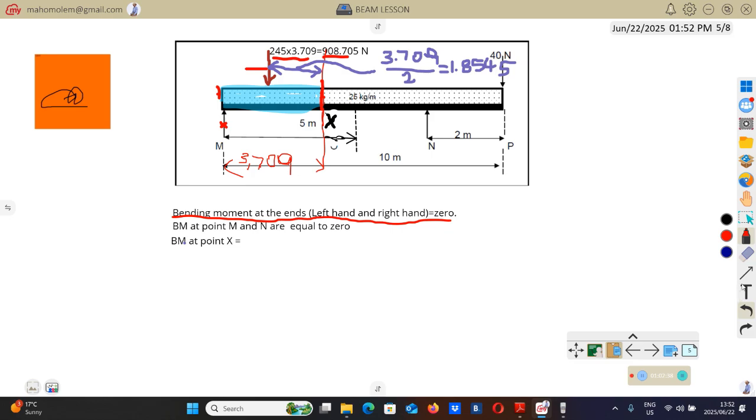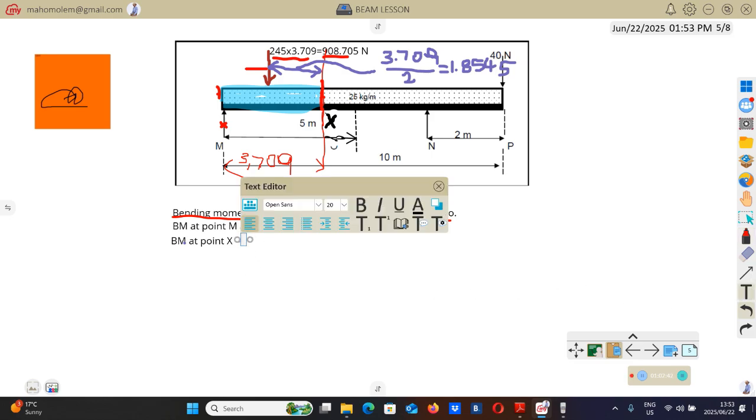Then we'll just have to take those forces and multiply them by their distances. This upward force is positive since it will bend this thing upward.